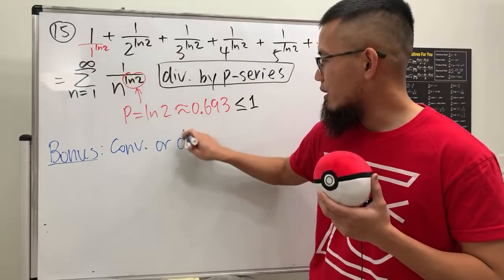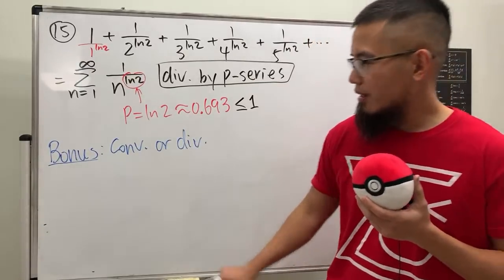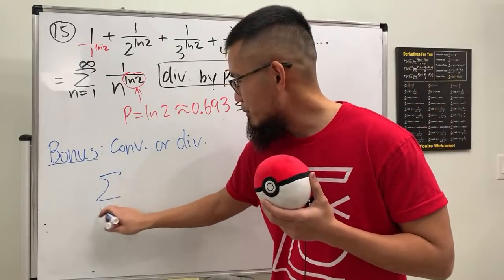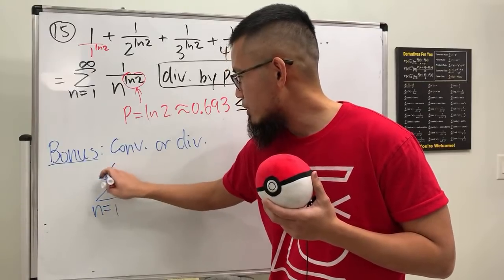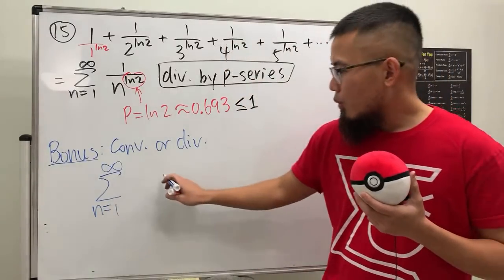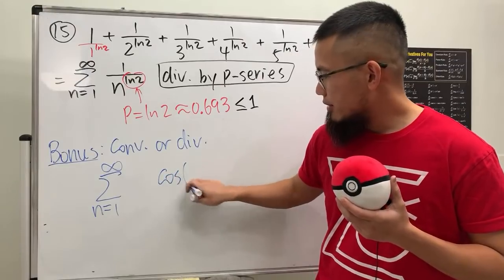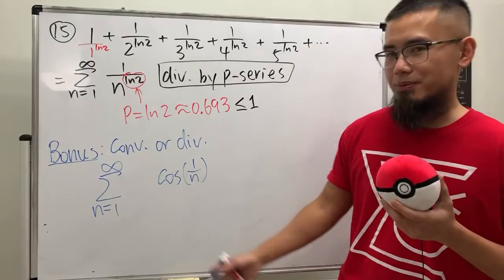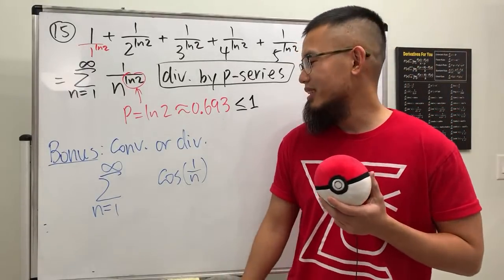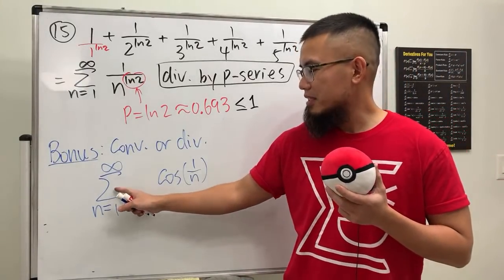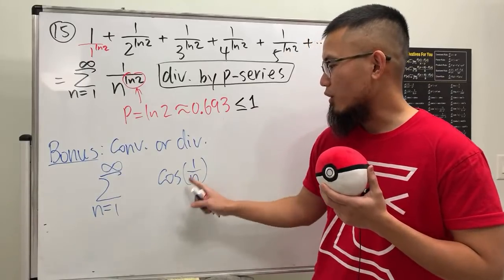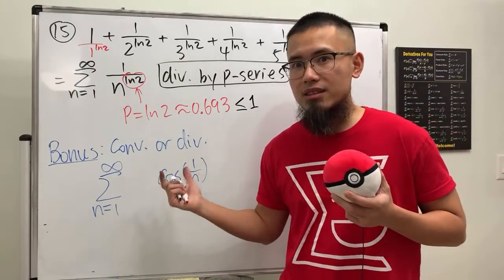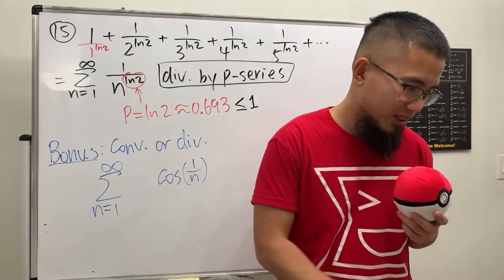Converge or diverge. And the question is, of course, we have the series as n goes from 1 to infinity. Well, this is the last question I'm going to put out, so let me just talk to you guys and answer your questions in the chat. If I have the series as n goes from 1 to infinity of cosine of 1 over n, does this converge or diverge? Go.